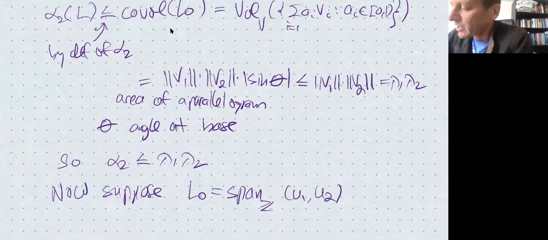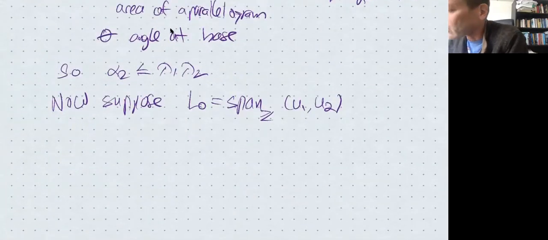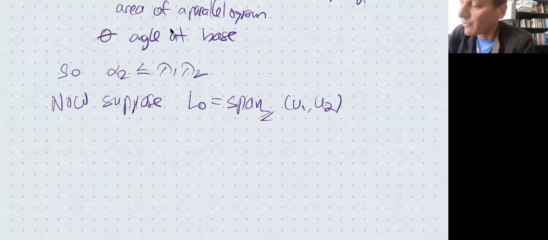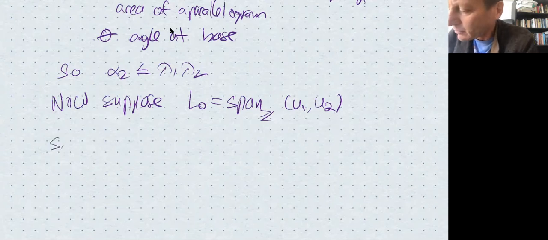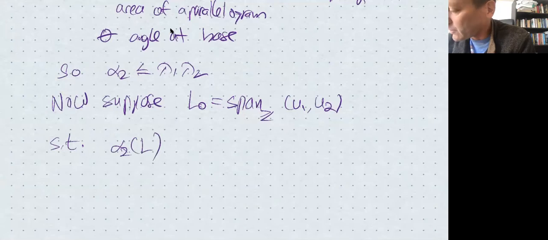For this proof, I don't really care about whether it realizes the infimum or almost realizes the infimum. Once we know the infimum is a minimum, we can just take it to be the co-volume of some L0, but for now we don't know that. So let's just say that alpha 2 of L is bigger than 1/2 the co-volume of L0.